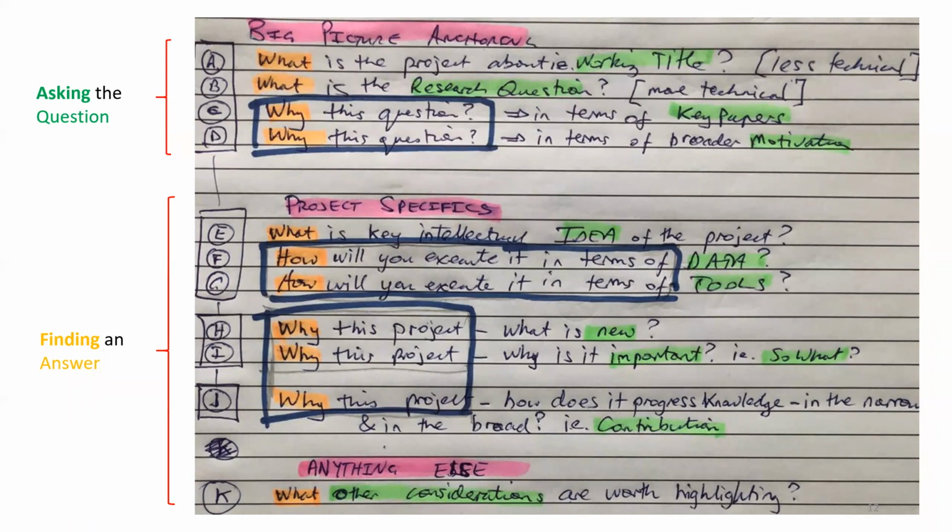So items A and B are two items around what. Item A, what is the project about? And that is the working title. And you can think of that as being a less technical piece as a starting point.